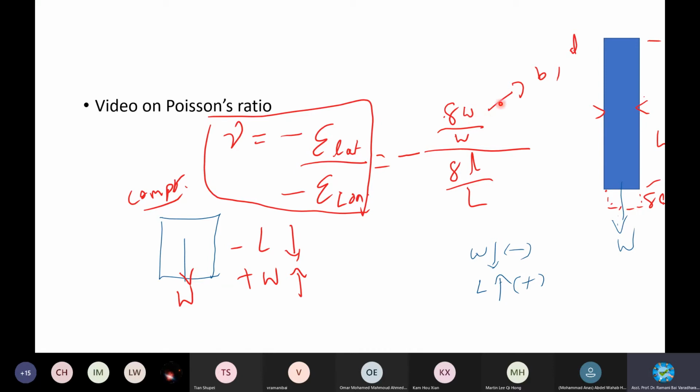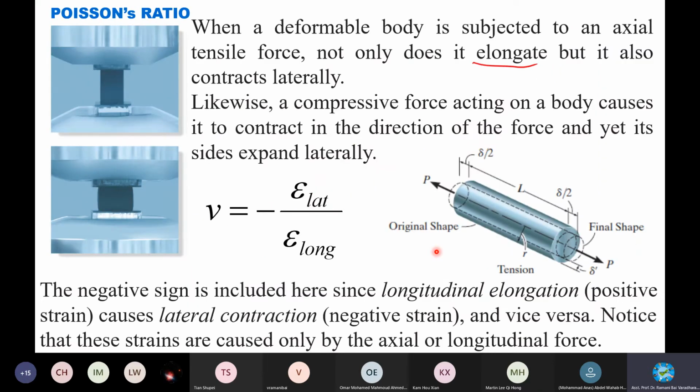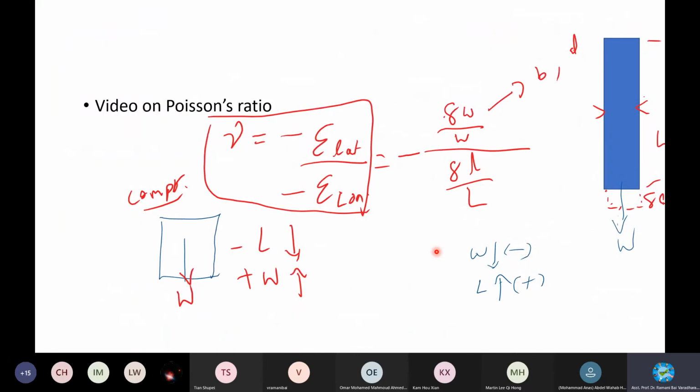So dW is the width or the cross section, the lateral dimension. This is the longitudinal dimension. We end up with the equation for Poisson's ratio. Actually this is positive longitudinal, I need to remove it.